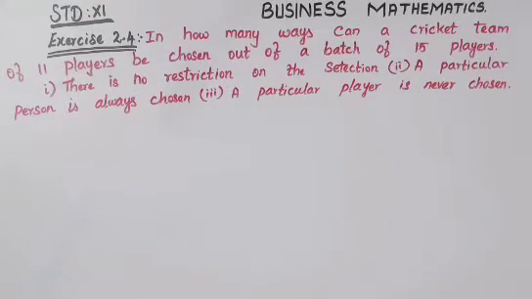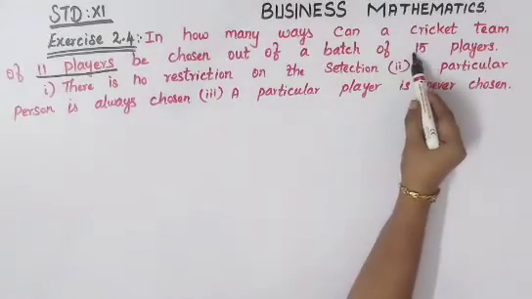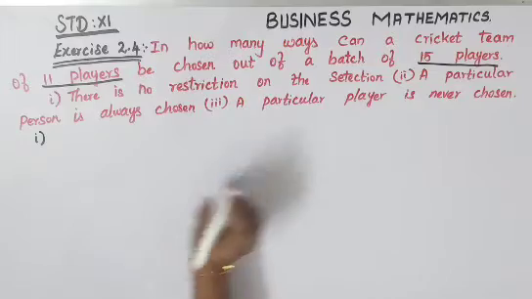So now going to your question, first, you'll have to fix 11 players out of 15 players. So first condition is, there is no restriction on the selection.